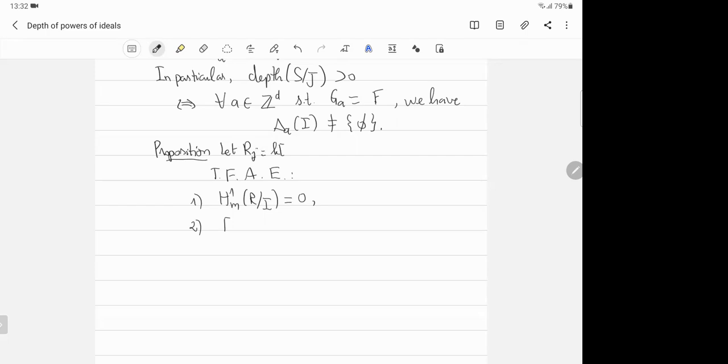It is a polynomial ring in variables different from x_j. And I_j is simply I localized at x_j, and then you intersect back to this smaller polynomial ring. So in other words, I_j is the ideal you obtain from I by replacing x_j by 1. Then you get I_j.